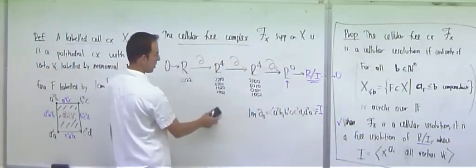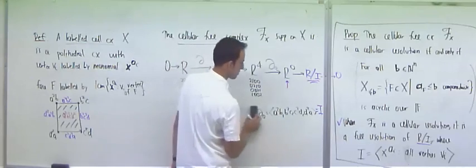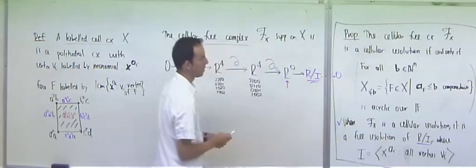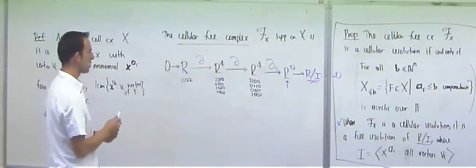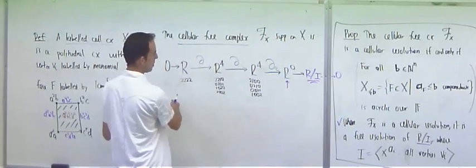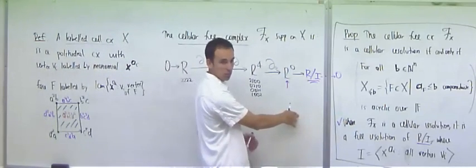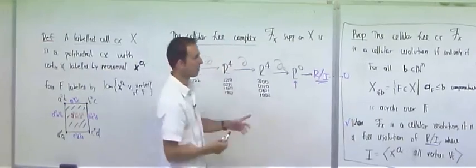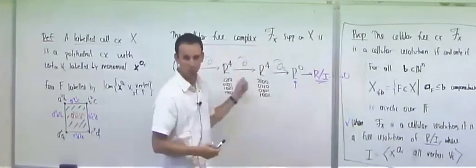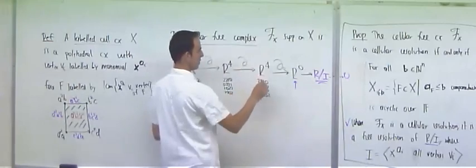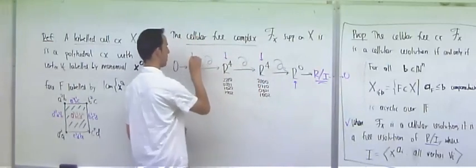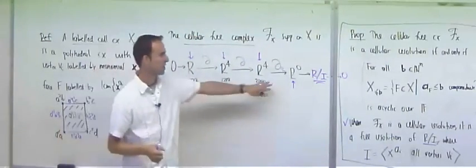But I want to justify the second part of the argument. So how do I do that? Well, I want to know if this is exact everywhere else. What it means for this to be a free resolution is that it's exact here, it's exact here, it's exact here. It's exact everywhere except for here.